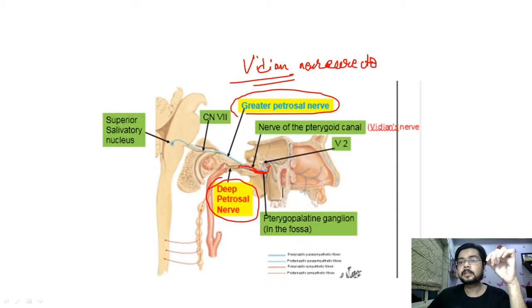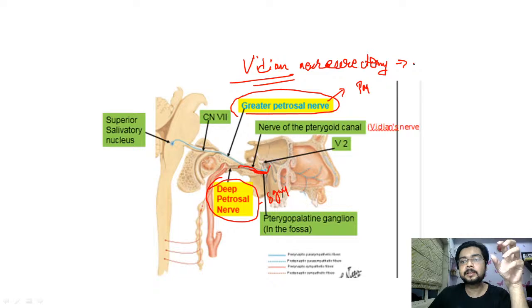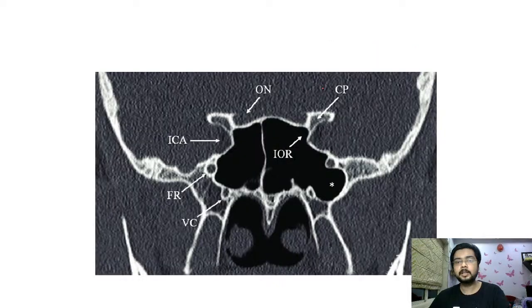This nerve carries the parasympathetic and sympathetic supply to the nasal mucosa. The greater petrosal nerve is for parasympathetic, and the deep petrosal nerve is for sympathetic. So by Vidian neurectomy, in vasomotor rhinitis, you can reduce the nasal secretion. So as a treatment, you can do Vidian neurectomy endoscopically. Okay, so you should know.